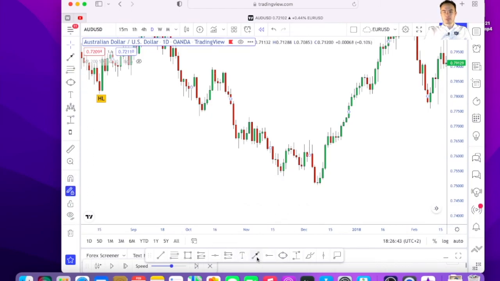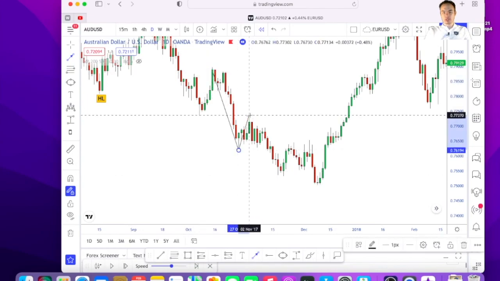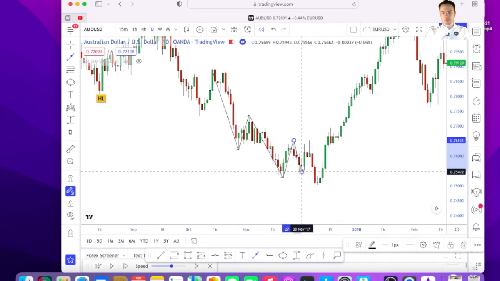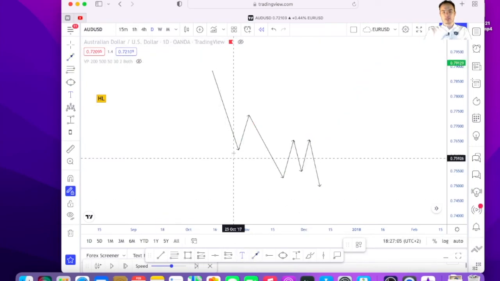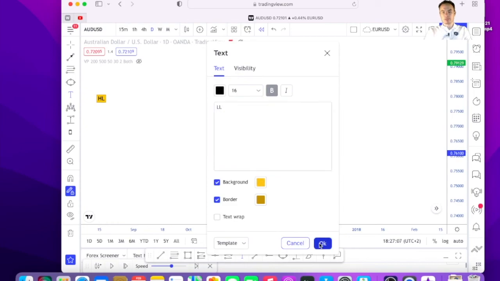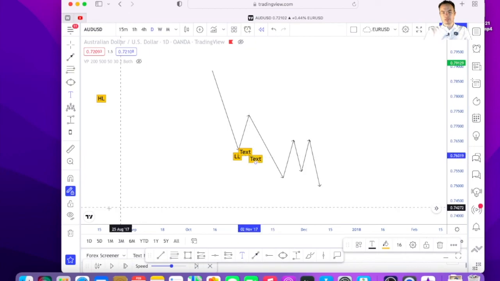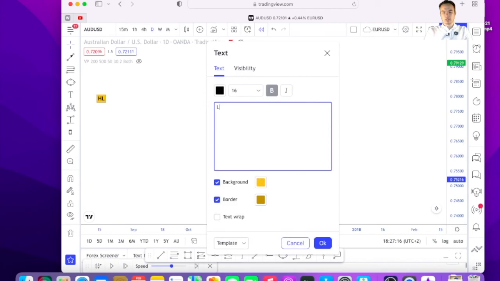Here we go. Let's say we start from here: lower low, lower high. So what you can do is mark them. Here's a lower low. Lower low.